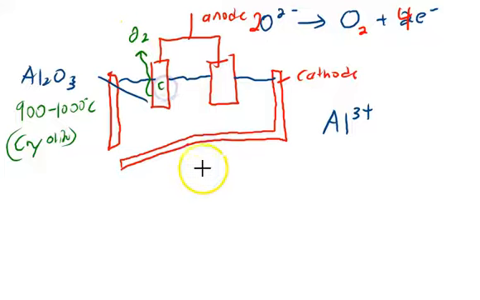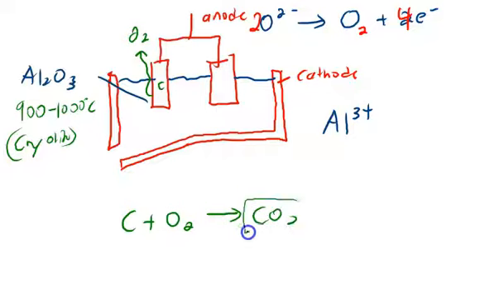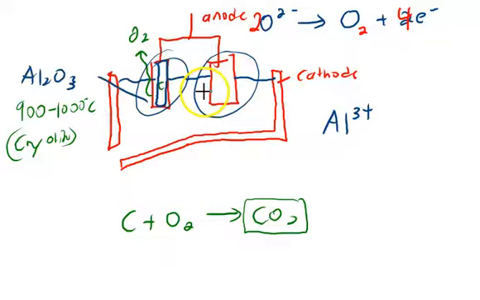The carbon will react with the oxygen to form carbon dioxide. As time passes, the rod here will become thinner and thinner, so they have to change this rod. This is the explanation of how the carbon dioxide forms.